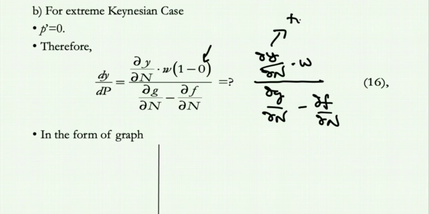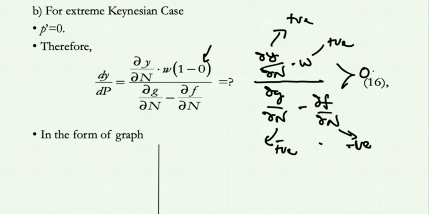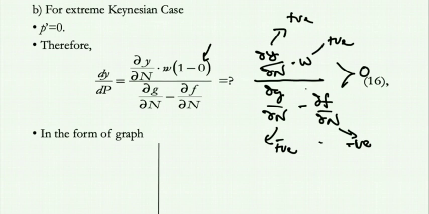This one is positive, this one is positive, remember? This one is for labor supply. Remember, labor supply slope is positive. This one is for labor demand. Labor demand slope is negative. Negative makes negative become positive, positive, positive.